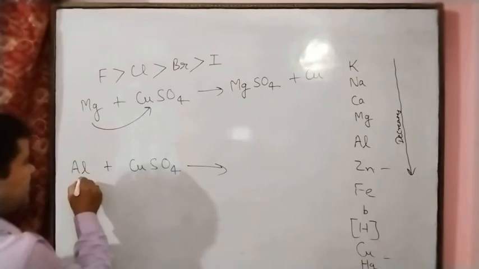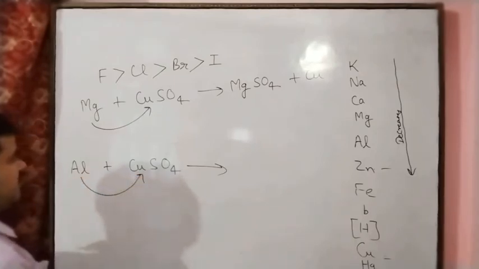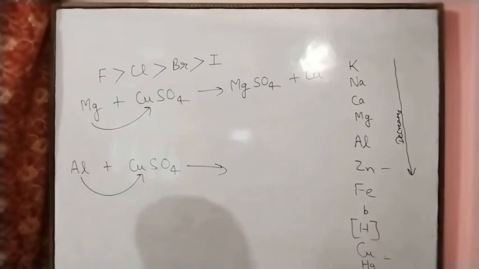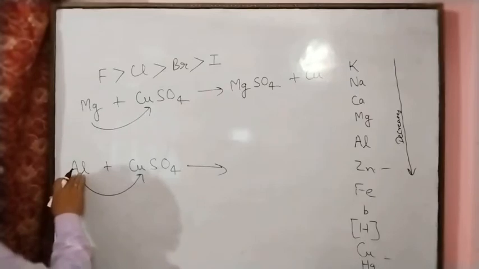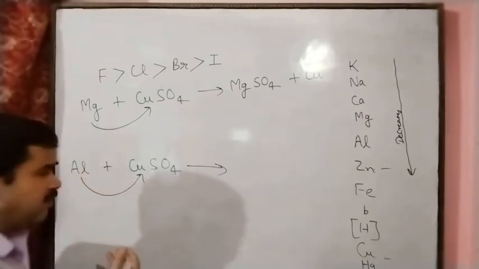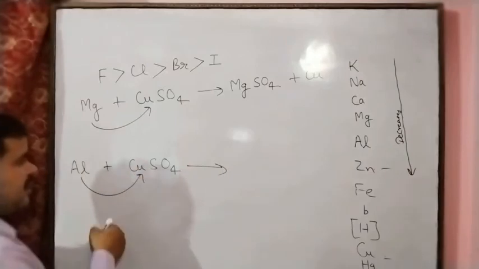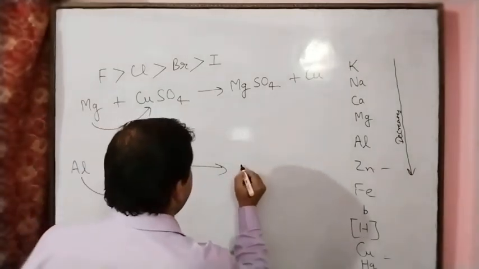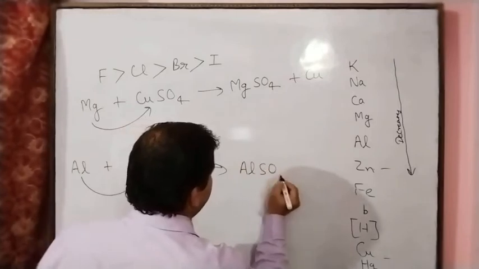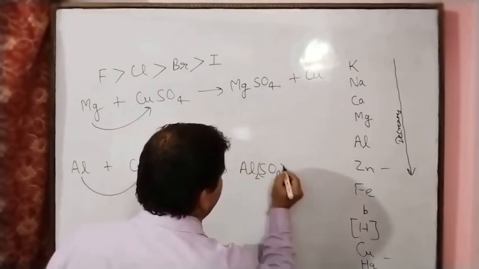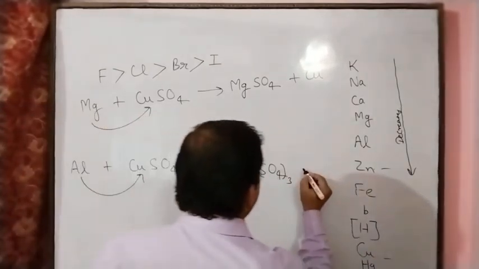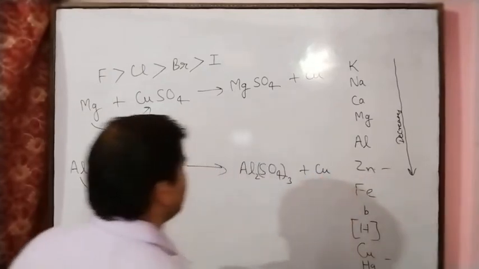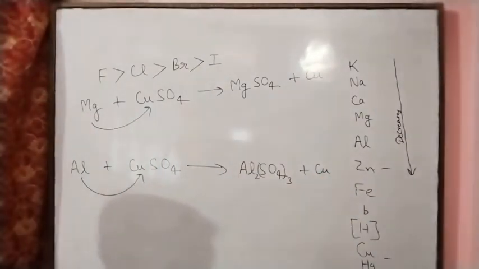The aluminium metal displaces the copper metal, because aluminium is the superior metal and copper the inferior metal, meaning aluminium is the more electropositive metal and displaces the less electropositive metal. So we will get aluminium sulfate, Al2(SO4)3, plus Cu. After writing this, we will balance.